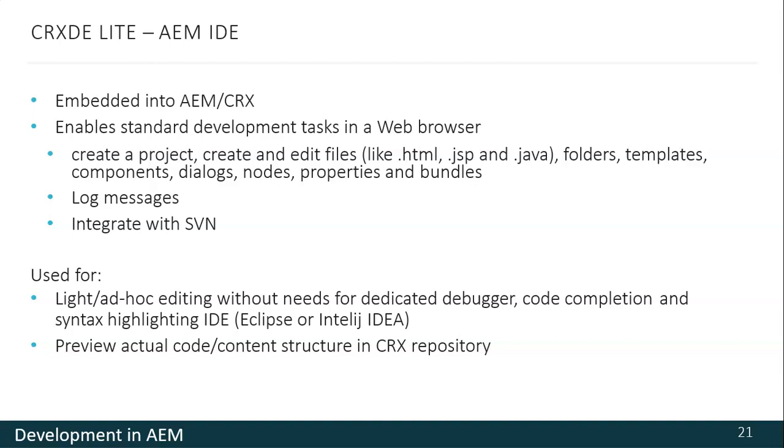Using this tool, you can read log messages from the server without having to switch to the file system, and it also has an integration with SVN. CRXDE, however, is typically used for minor changes. They can be done quickly through the browser without redeploying a project or using a data structure in the repository.